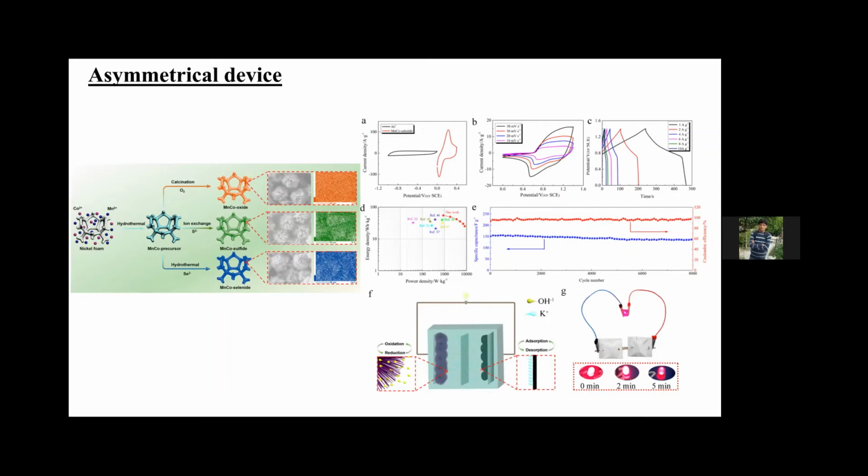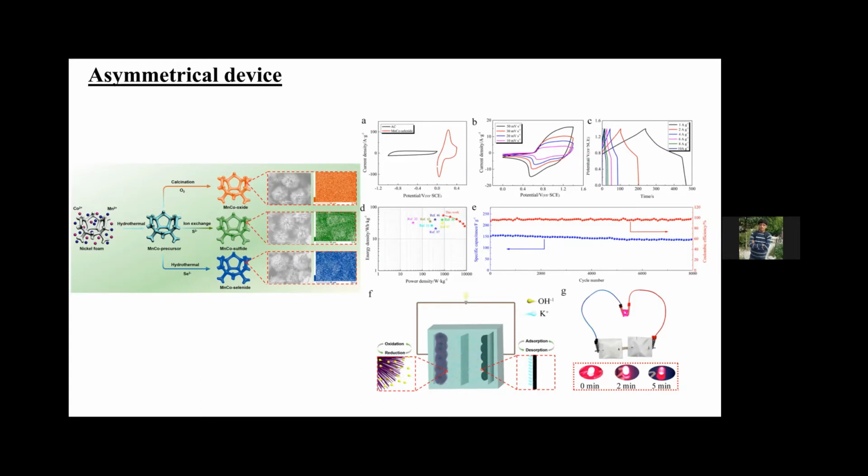So automatically the voltage window is increased, and as a result the electrochemical performance increases. Okay. So here are the asymmetric devices.